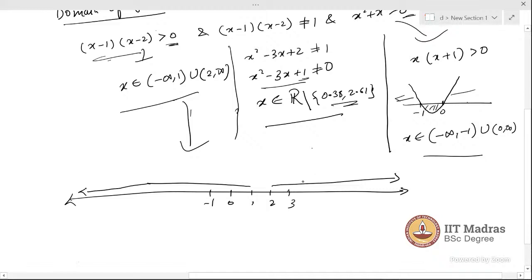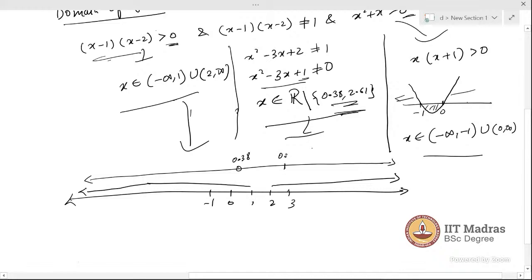And why do we do this? Because we need to find the intersection region, and that becomes the domain. Over here it says all the values, but it cannot take 0.38 and 2.61. It cannot take 0.38 and it cannot take 2.61 between 2 and 3.